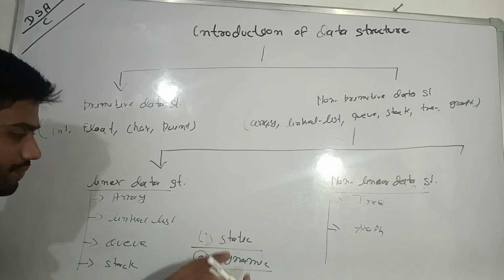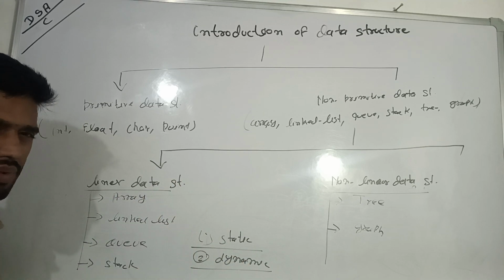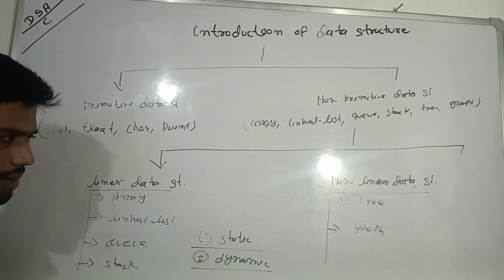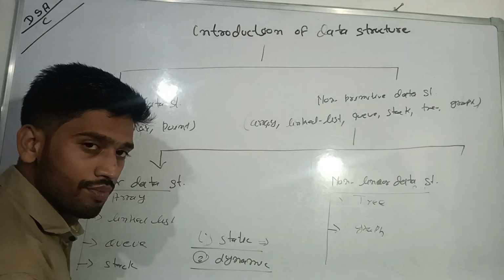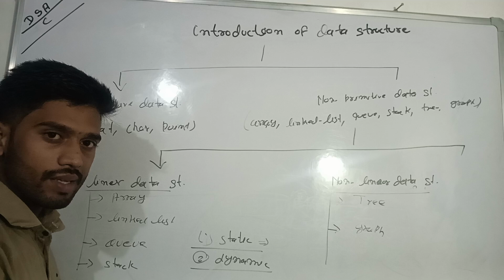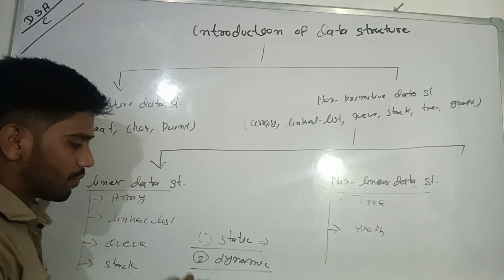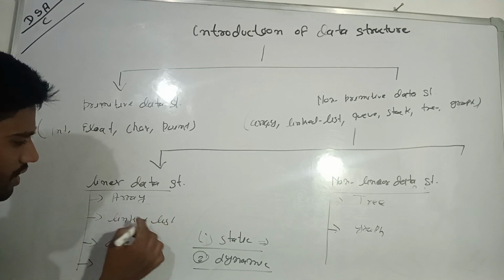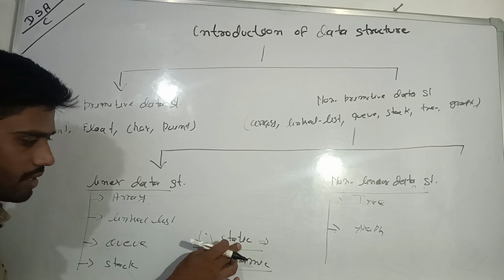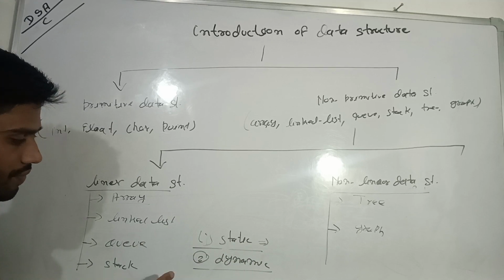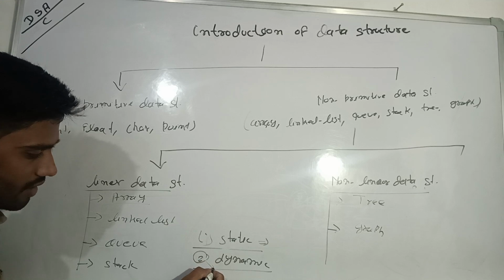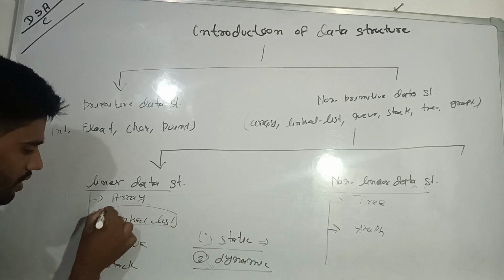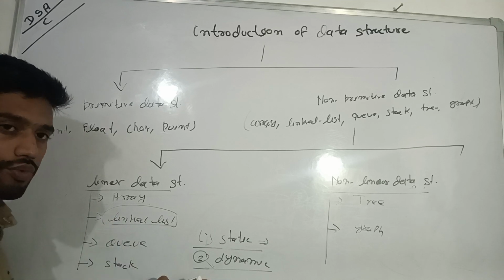Just for a brief explanation, static and dynamic. In static, size is fixed, and in dynamic, size is not fixed. Suppose if we take an example of an array, in static the size is fixed, but when we implement dynamically like a linked list, the size of the linked list is not fixed.